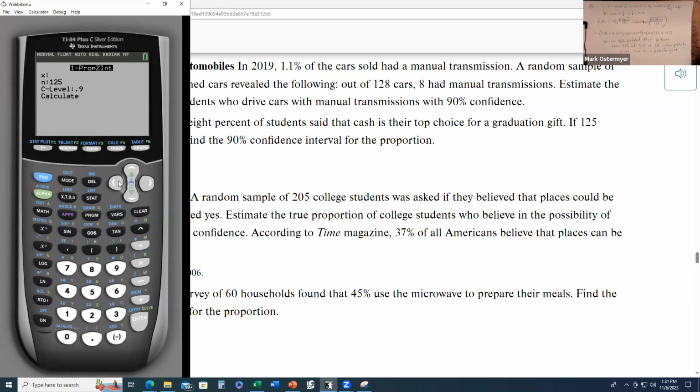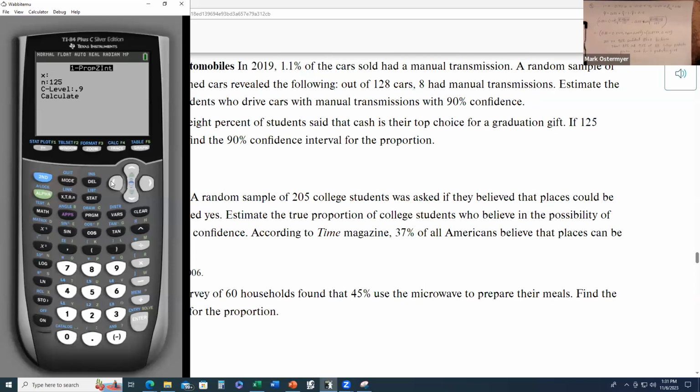X is, in this case, the number of students in our sample out of 125 surveyed that prefer cash. Well, you don't put 88% in here because 0.88 is a proportion. It's not a number. We just need a number.